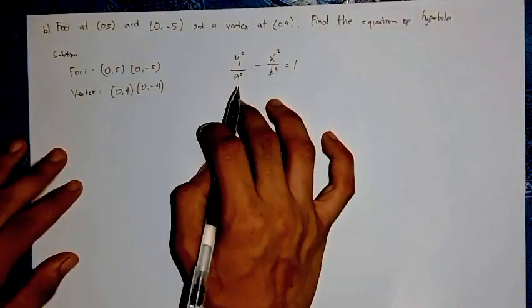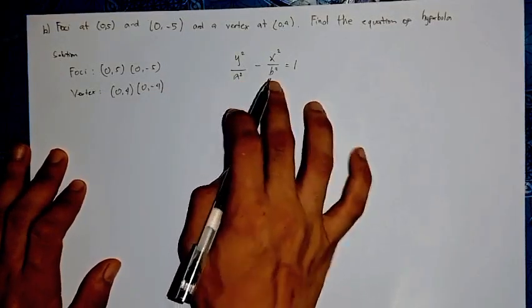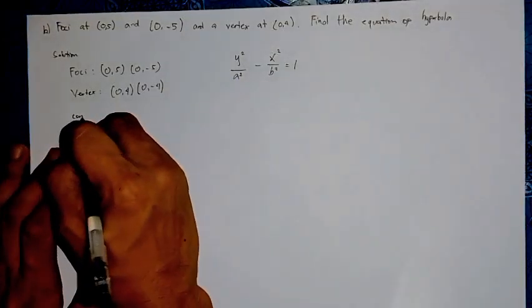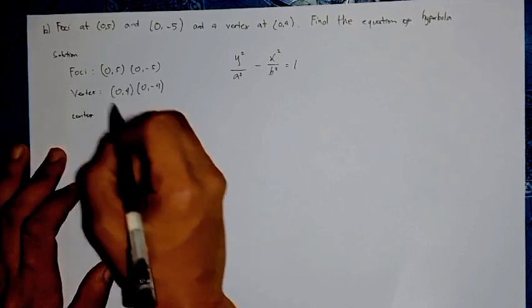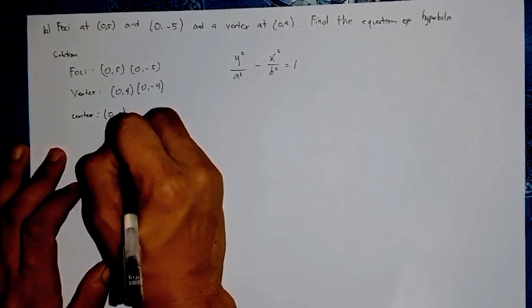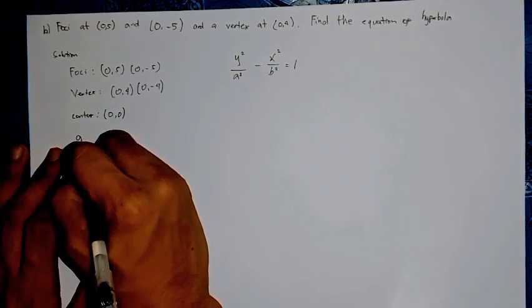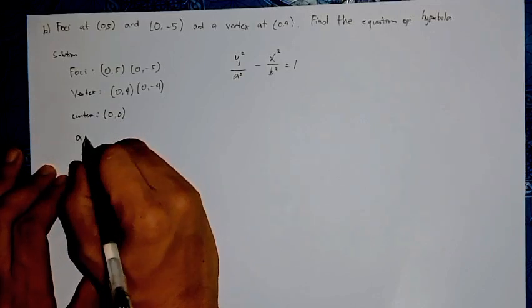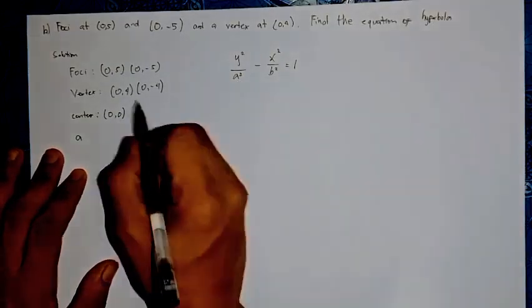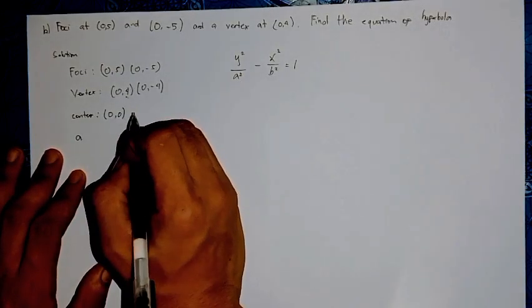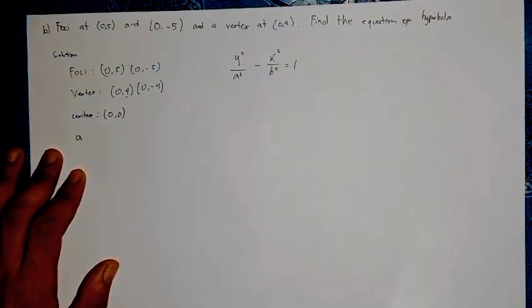Now to find a squared and b squared, since our center is at the origin, 0, 0, to find a, remember that a is the distance from the center to the vertex, right? So we have a is equal to 4.